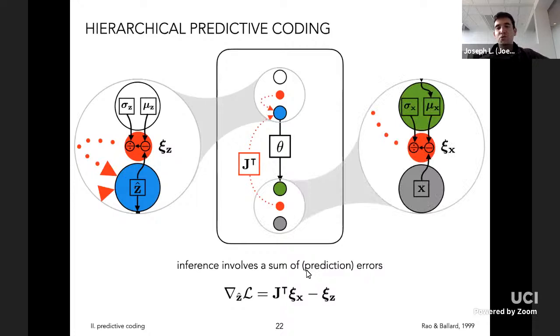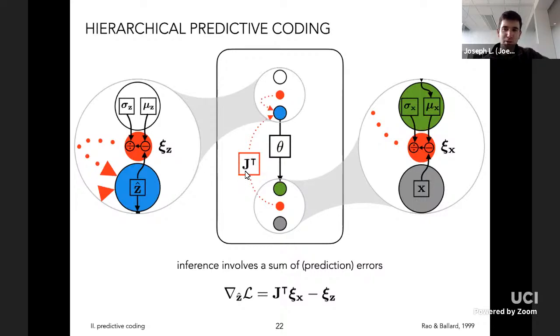And then likewise, we have this error over here, which is the error of the mean of our data prediction with the actual data that's observed. So this is like your data level error that's coming in. And then you're also weighting that by sigma x. And then importantly, because there's this mapping between our latent state of the world and x, we have to invert this mapping, and that's what this J is over here.